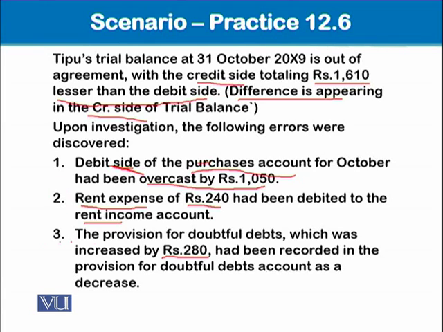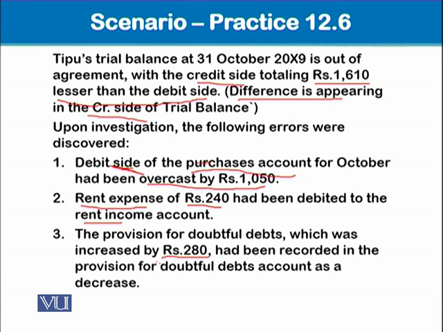Well, in the third issue, provision for doubtful debt, which was increased by 280, means bad debts should have been debited and provision account should have been credited. Had been recorded in the provision for doubtful debt account means bad debt have been correctly recorded. Only there is an issue with the provision for doubtful debt account as a decrease. So when we are saying that provision for doubtful debt account is being decreased instead of being increased, it means that we have debited provision for doubtful debt account.